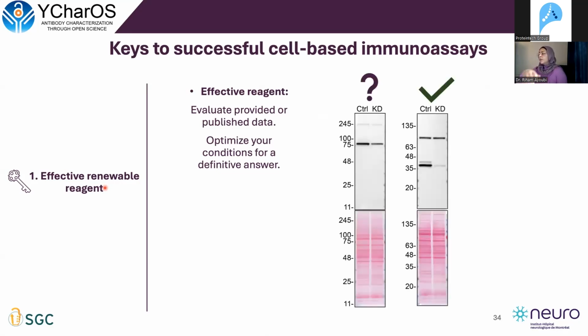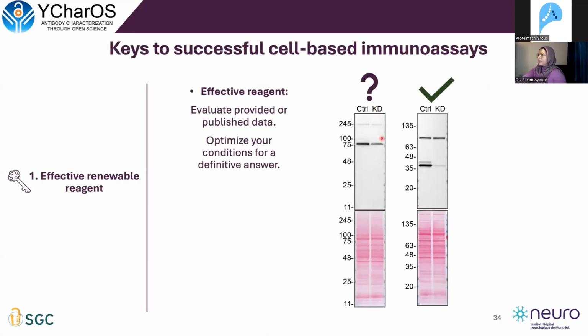So when working with a new antibody and you need to confirm its specificity because you found insufficient information online, knockdowns are an easy option, usually easily accessible, and can be easily optimized as well until you get a definitive answer.